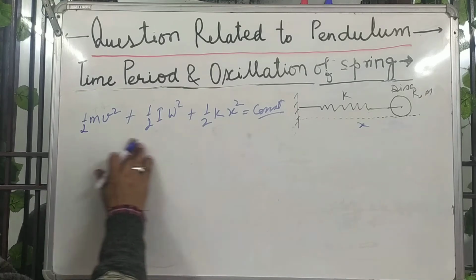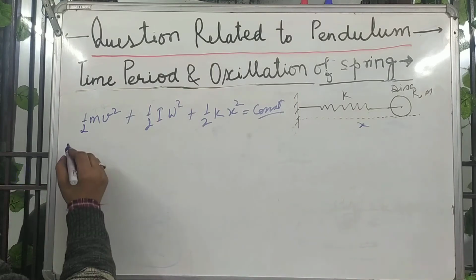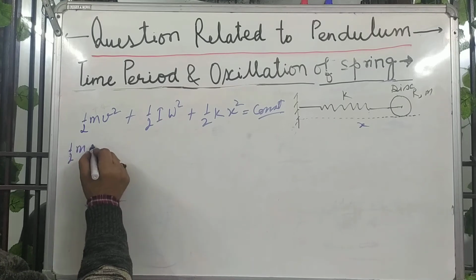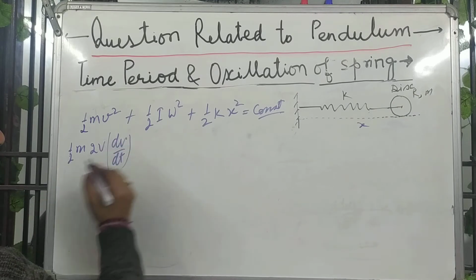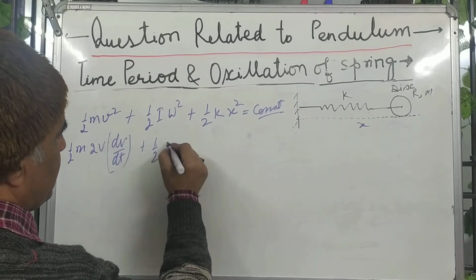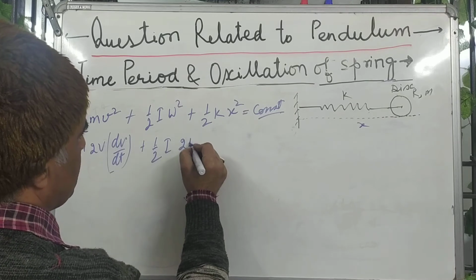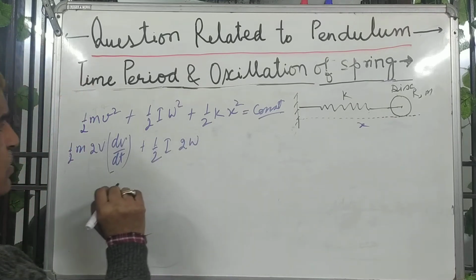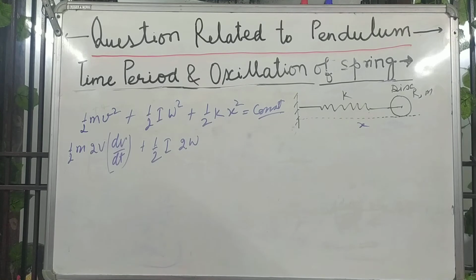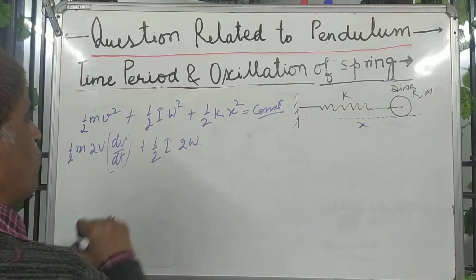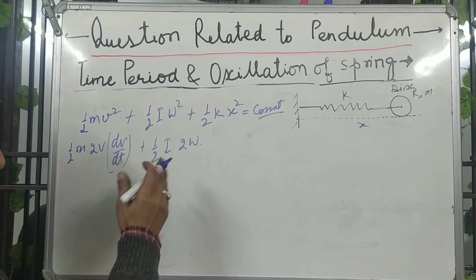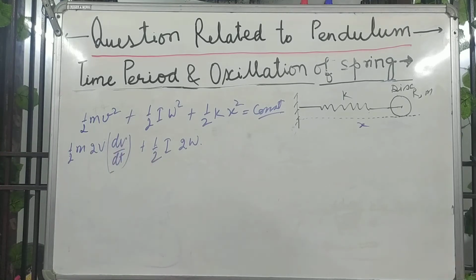Differentiating this with respect to time t, we get one upon 2 m 2v dv by dt, which is the acceleration, plus half inertia into 2 omega. In place of omega you can convert the translation velocity into rotational velocity.